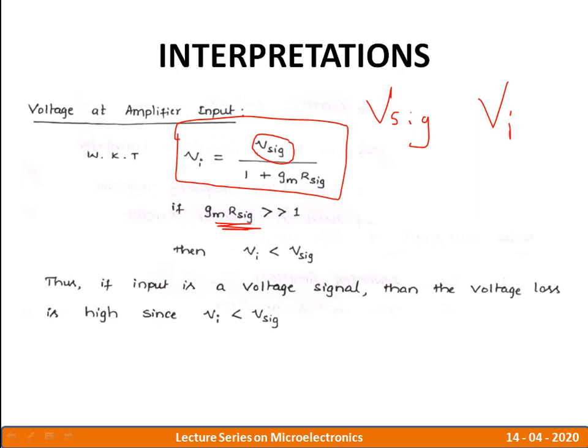So the input voltage that enters the amplifier circuit is less than what is applied to the entire circuit.